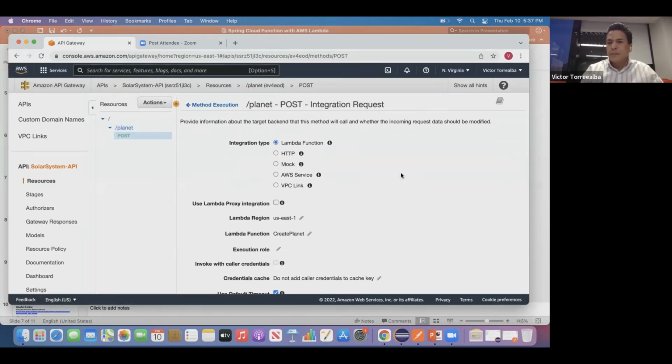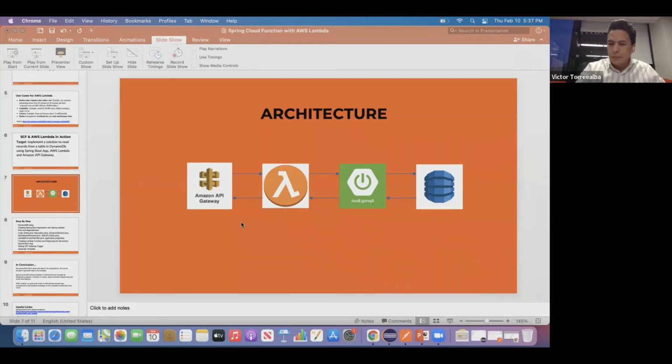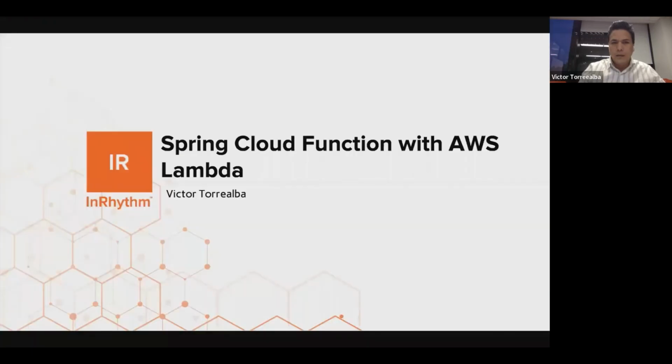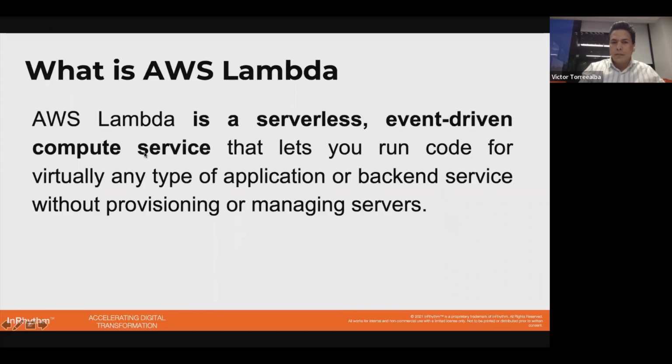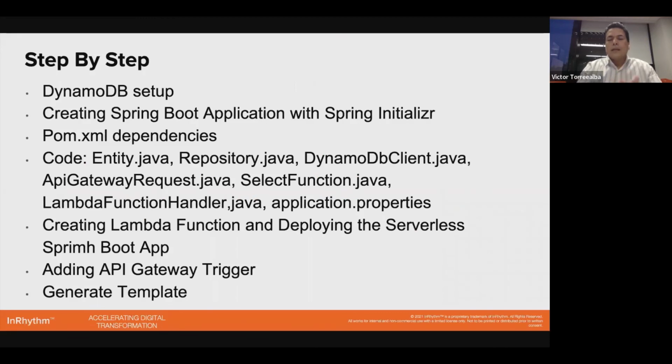Okay. Essentially, this is all that we need to know about how to connect Amazon API Gateway with a Lambda function and DynamoDB. And if you want to create this app, you need to create the table in DynamoDB.